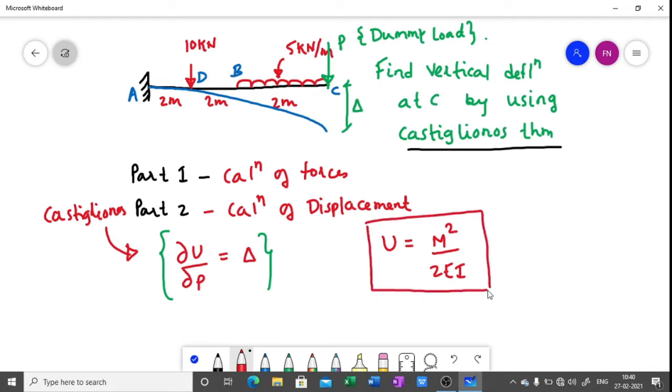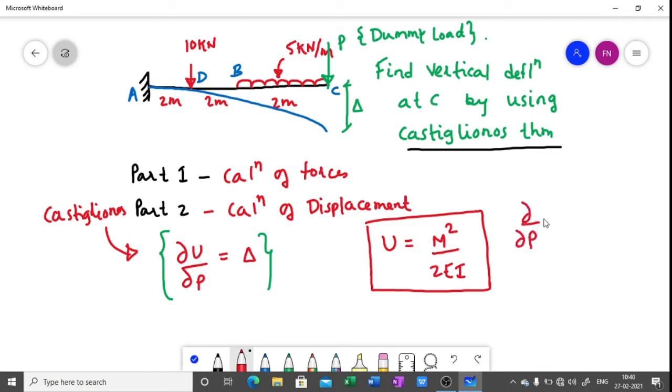I have derived this formula in one of my videos, and I will share that video in the description box. We have to differentiate this formula with respect to P and equate it to delta, so just substitute the value of U here.